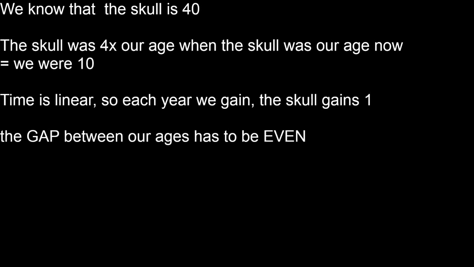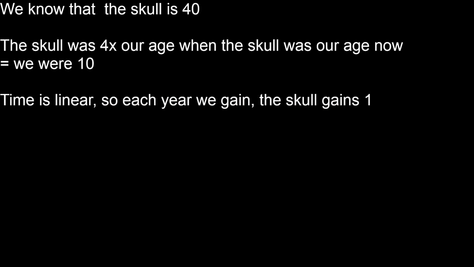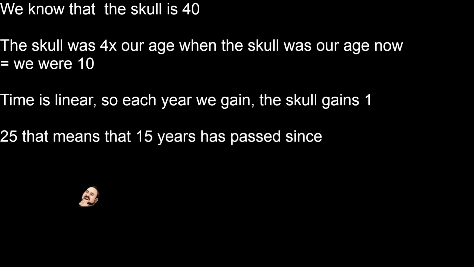Wait, how have I gotten this? I'm looking at my paper. It's not making any sense. But it was the right answer. What happened here? Okay, so if we were 25, I looked at some candidate numbers. If we were 25 now, that means 15 years has passed since the skull was 4 times our age, right?